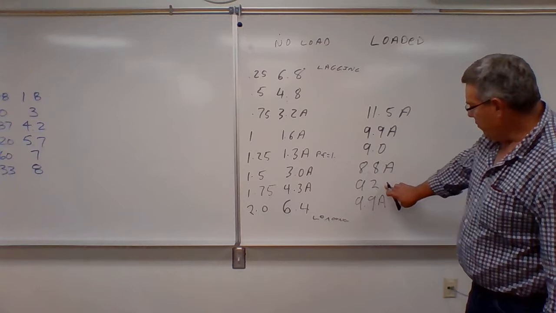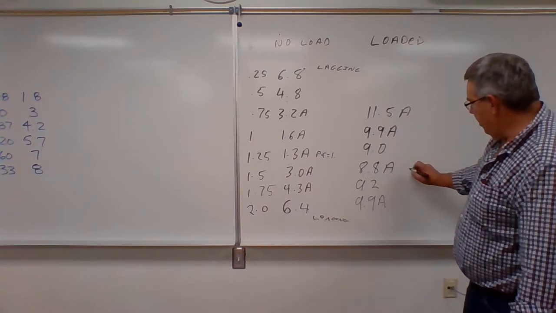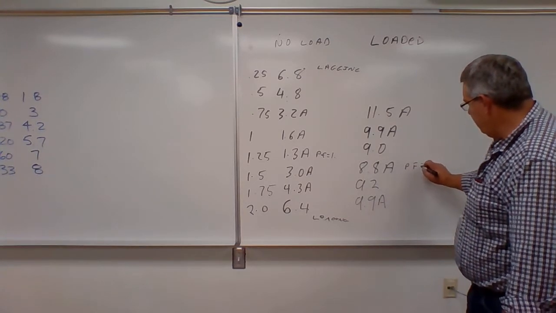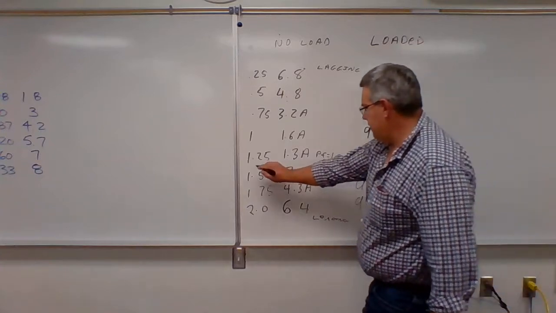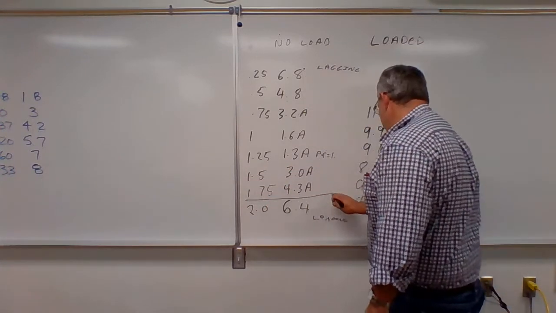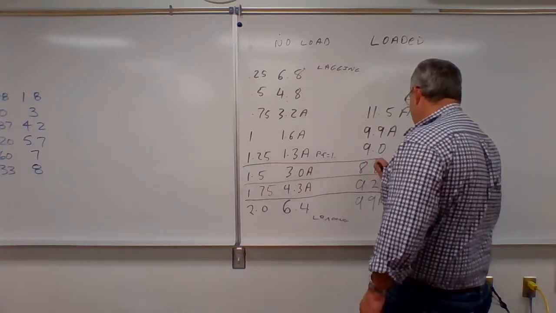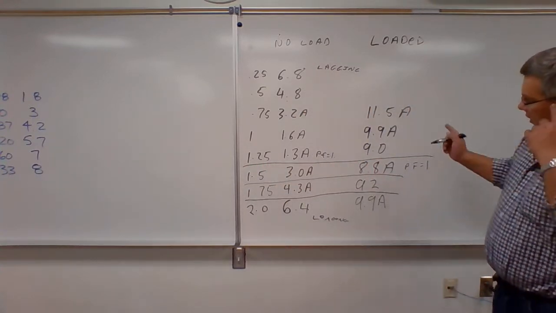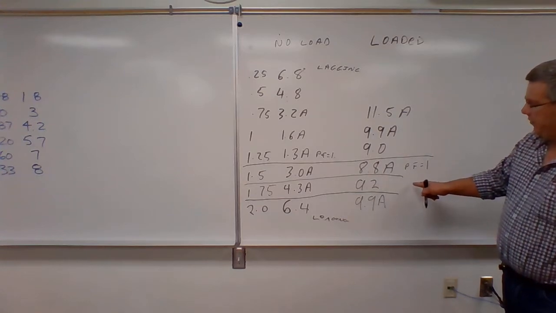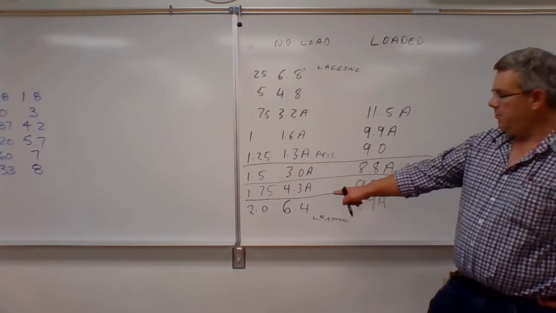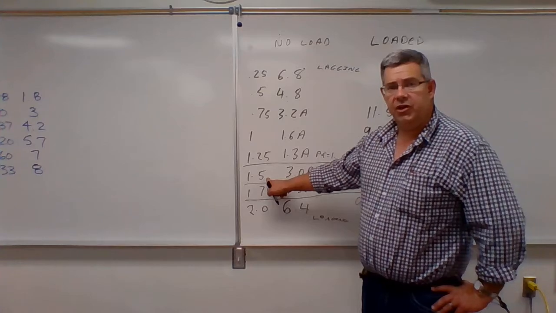So that was 2, 1.75. Now our power factor equaled 1 at, let me put some grids in here so we can keep these numbers straight, 1.5 amps of field current.